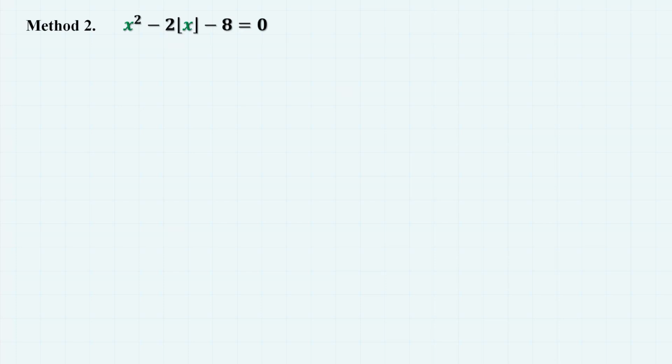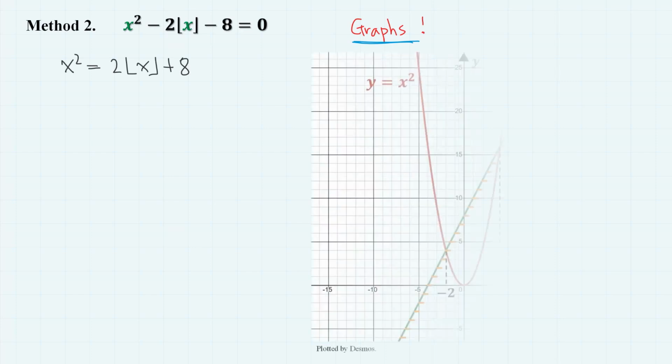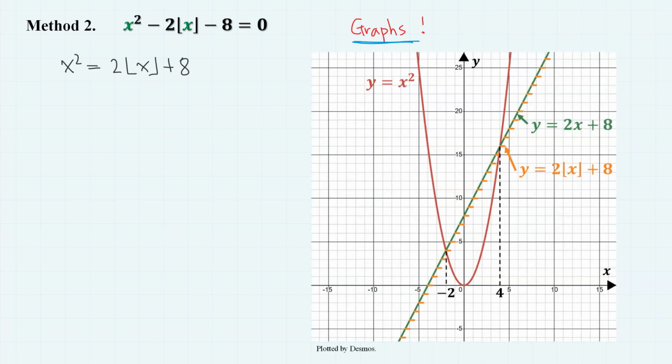Next, the second method. This method also involves graphs, but different graphs from the first, and relies a bit more on intuition. We can write the equation as x squared equals 2 times floor x plus 8. Therefore, we now use the graphs of y equals x squared and y equals 2x plus 8.